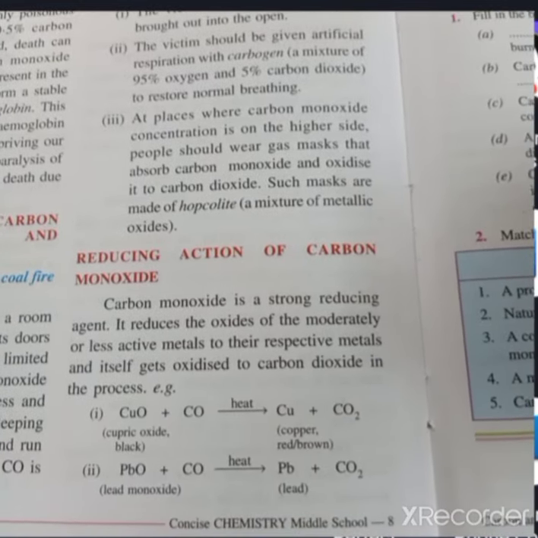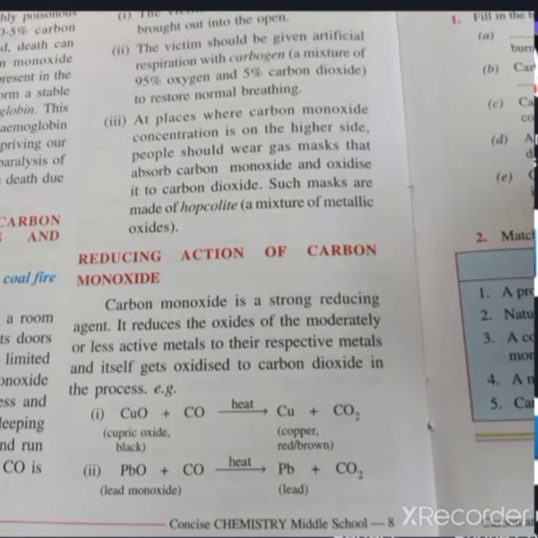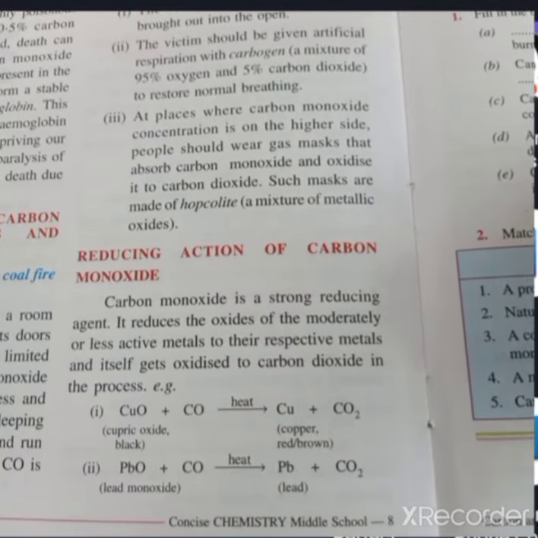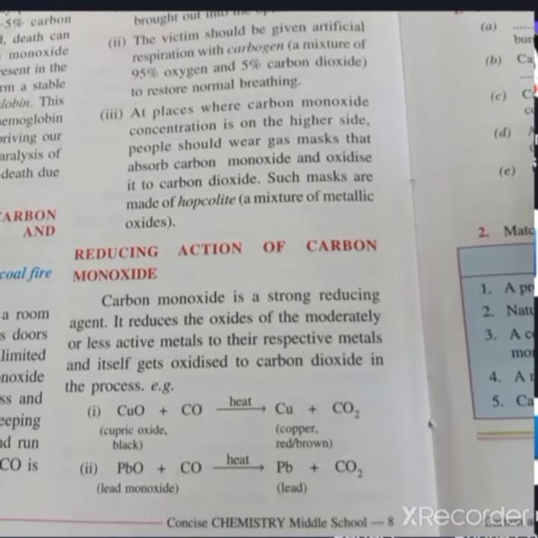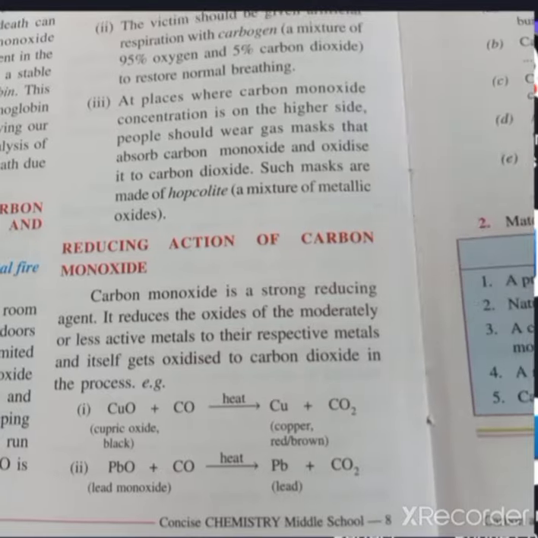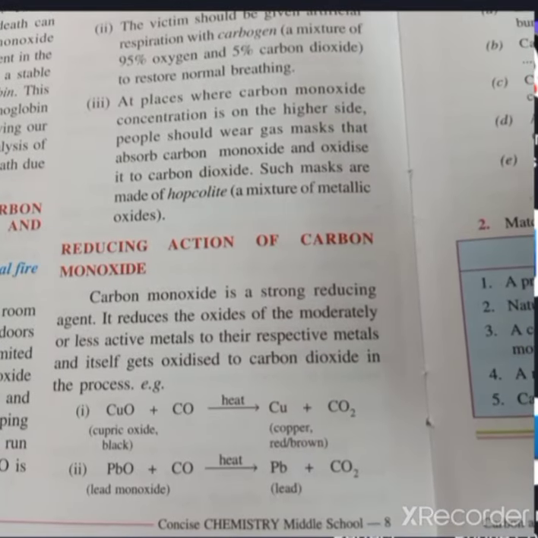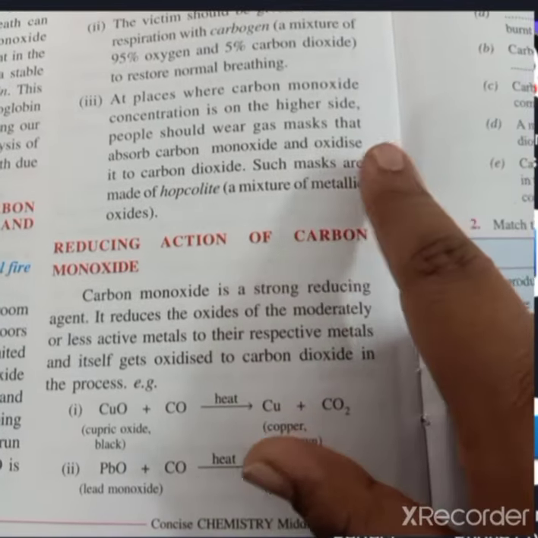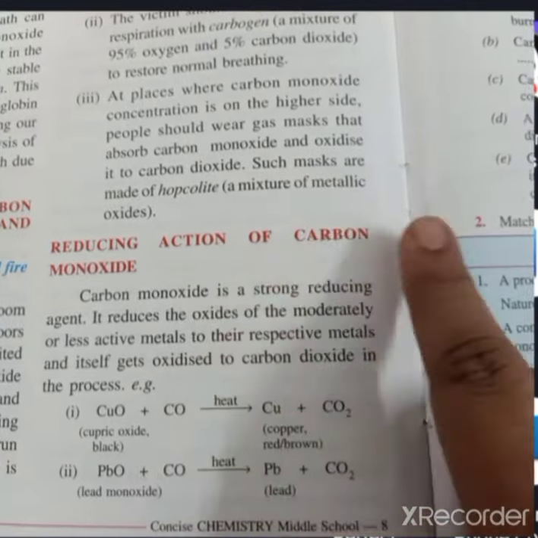Now, where else is carbon monoxide used? It is a strong reducing agent. It reduces oxides of less active metals to their metal by itself getting oxidized. I have told you carbon monoxide turns into carbon dioxide. Can you see here?